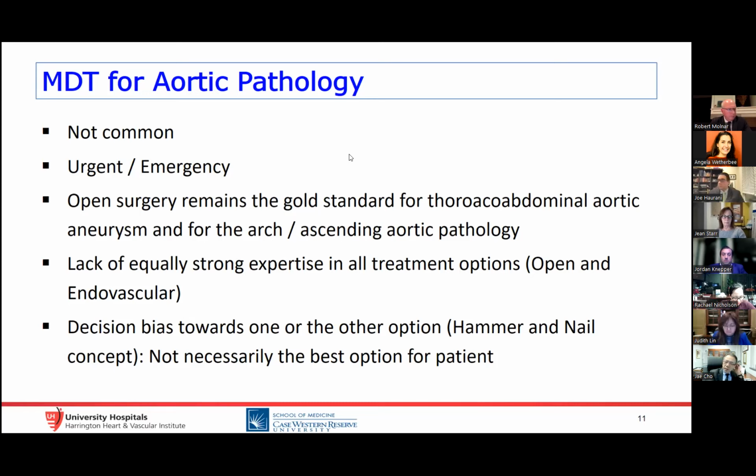And furthermore, there's a lack of equally strong expertise in both open and endovascular options in many centers. And this leads to a decision bias towards one or the other option, which may not necessarily be the best option for the patient.